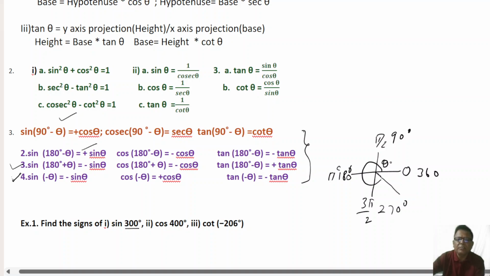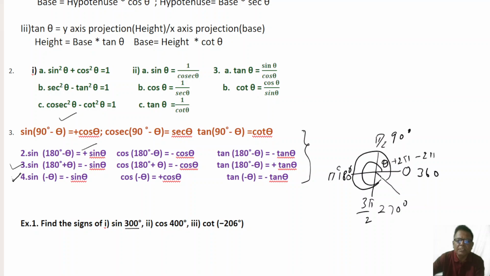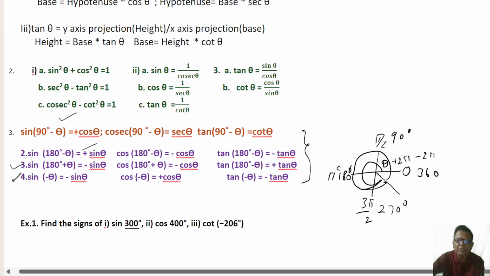If you add 2 pi to that, it will reach here only, or if you subtract 2 pi, it will reach here only.